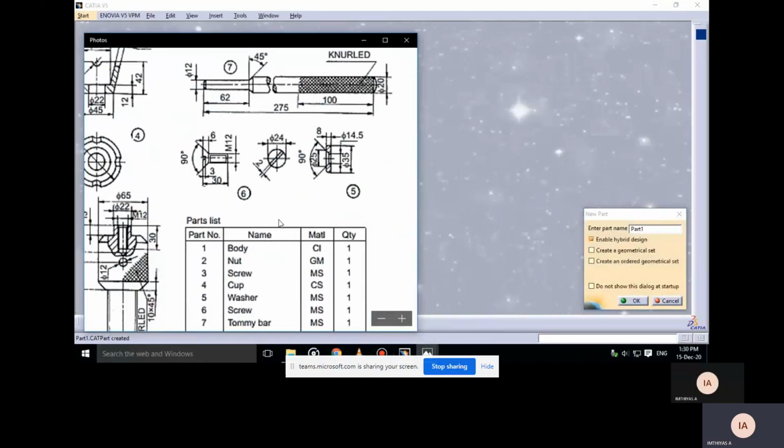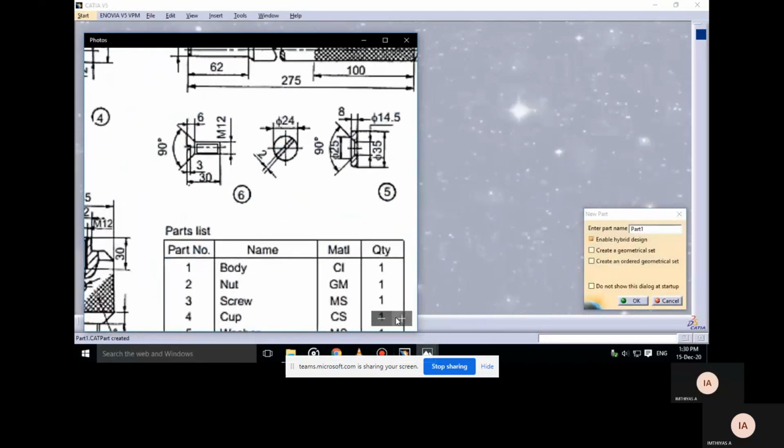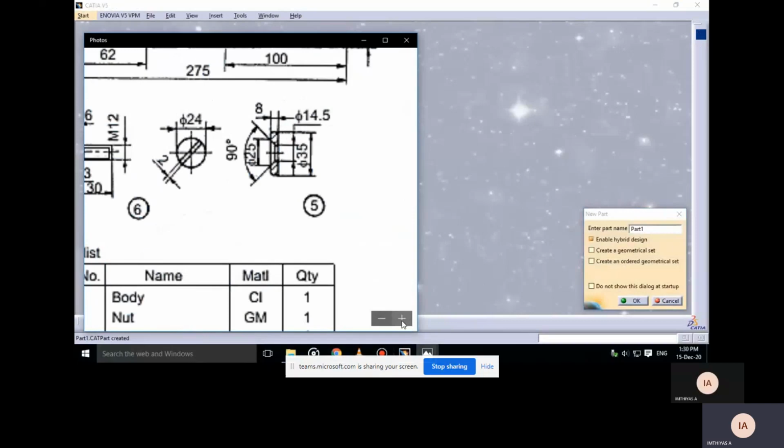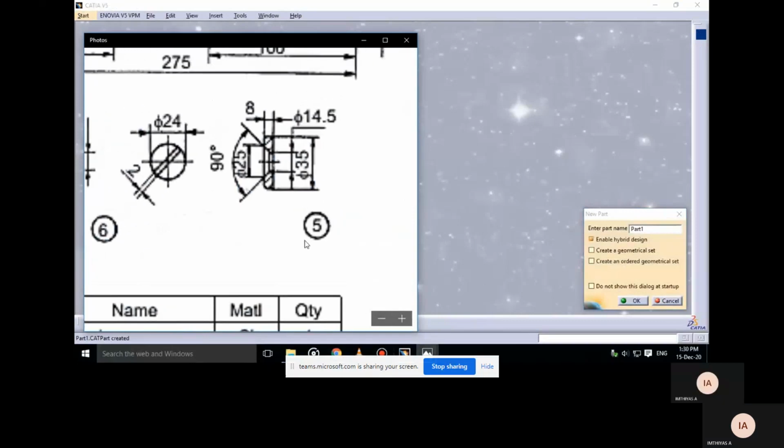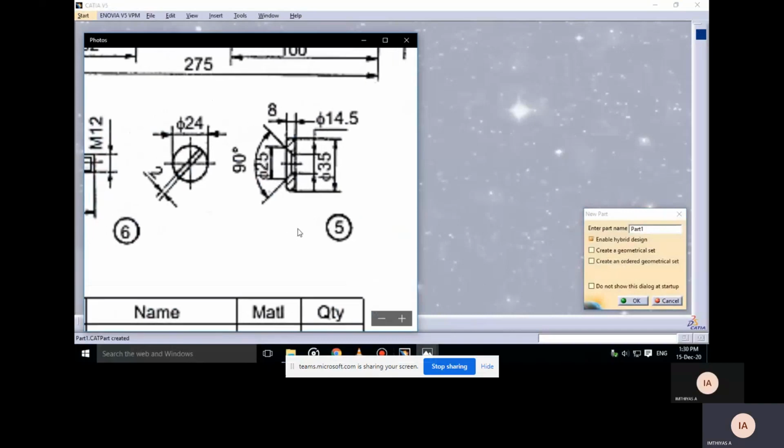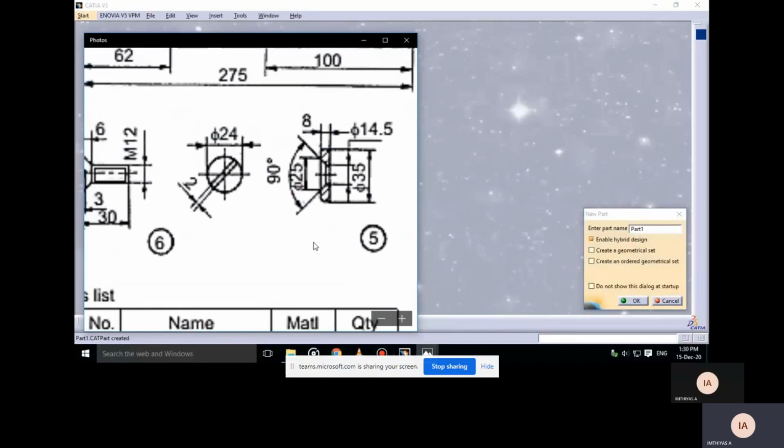It's given as dia 35. Then the angle is given. There are two diameters, dia 25 and dia 35, with an angle of 90 degrees. Then thickness is 8, and then another one, the dia is given as 14.5.